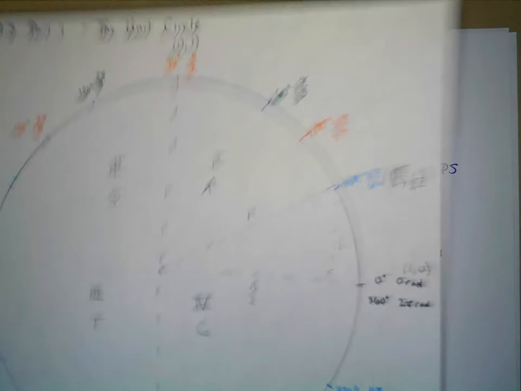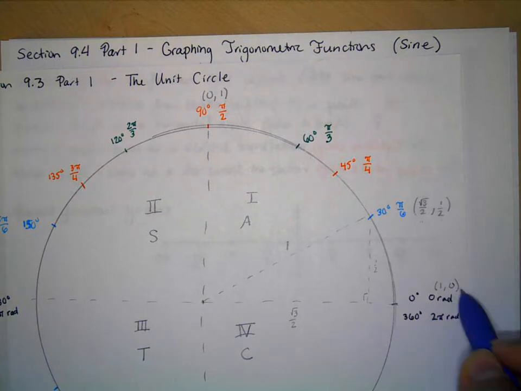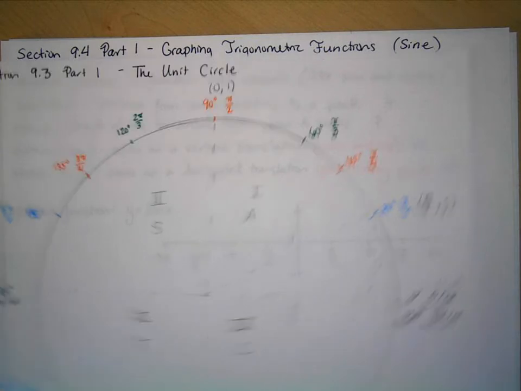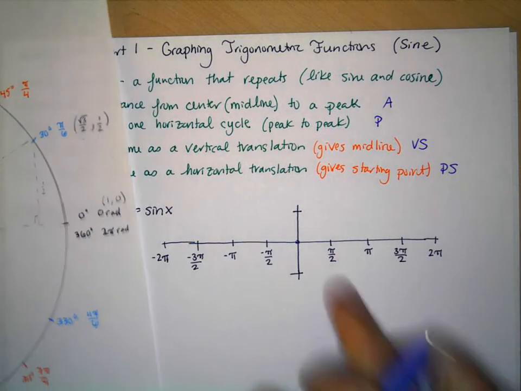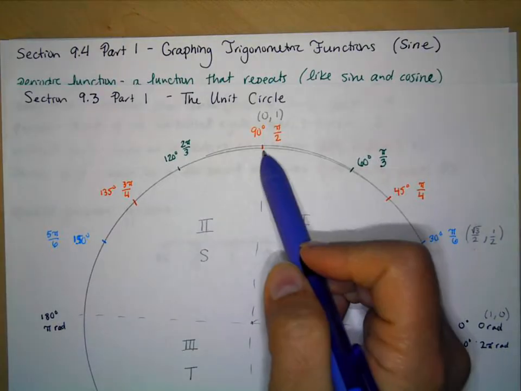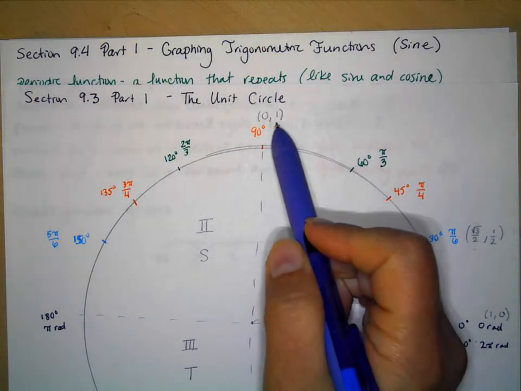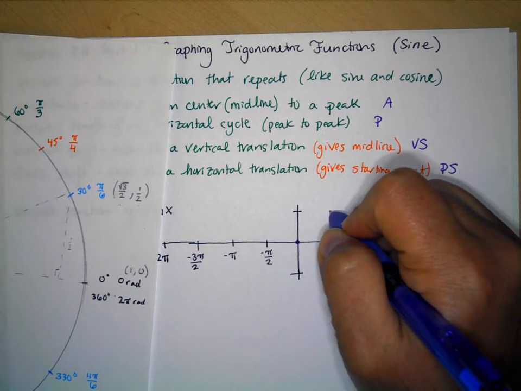So if I go to my unit circle, at 0, my y-coordinate here is 0. So we have a point at 0, 0. If I go to an angle of pi over 2, my y-coordinate here is 1. So at pi over 2, my y-coordinate is 1.